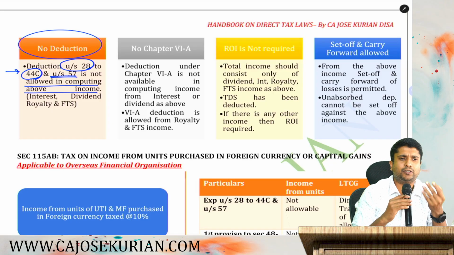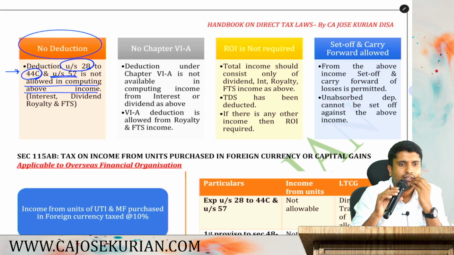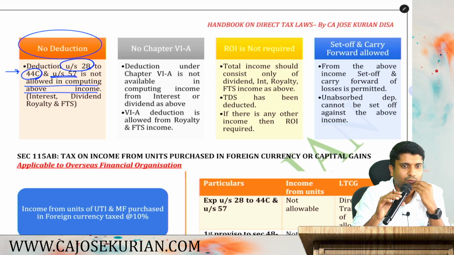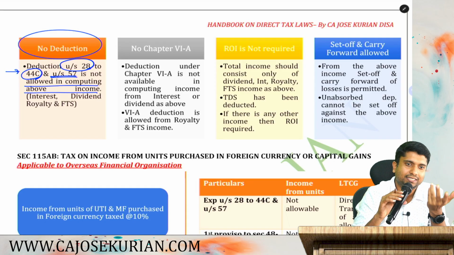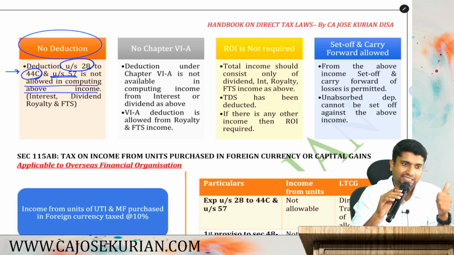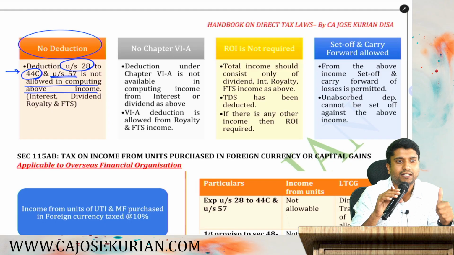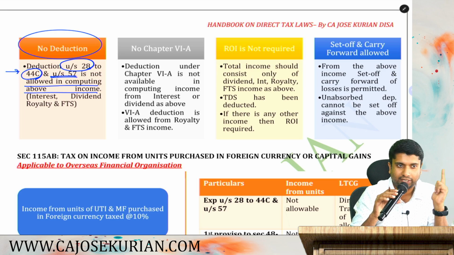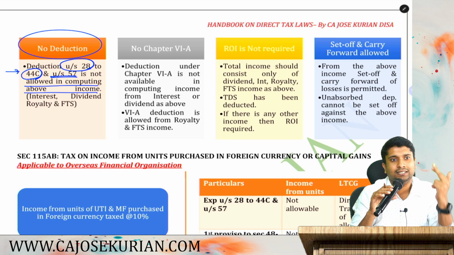What is this 28 to 44C? Deductions under PGBP. What is this 57? Deductions under IFOS. Imagine you are a non-resident or a foreign company having interest income or a dividend income. This income will never be taxed under the head salary, house property, or capital gain.